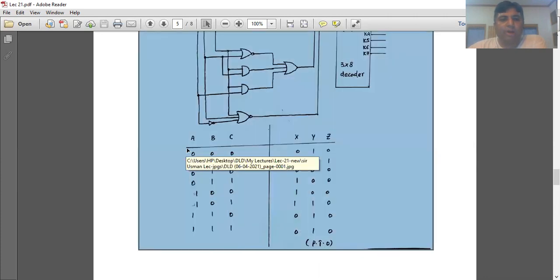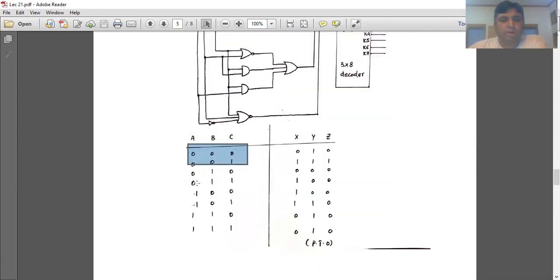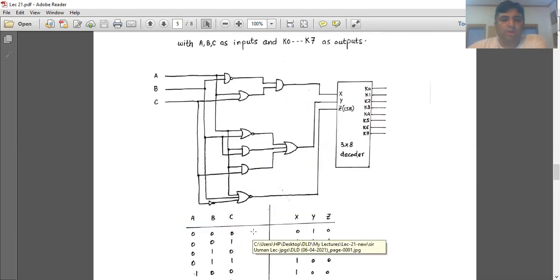This is binary 0 to binary 7. These are the 8 combinations of ABC.